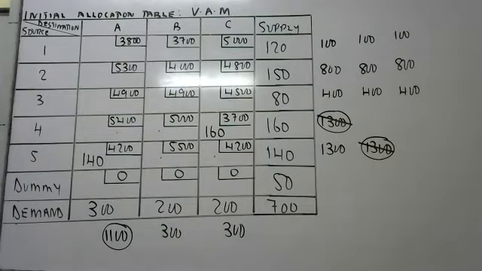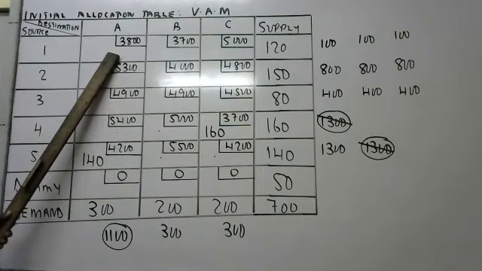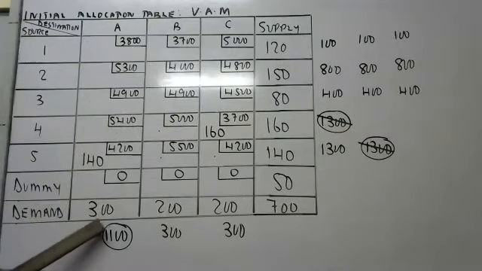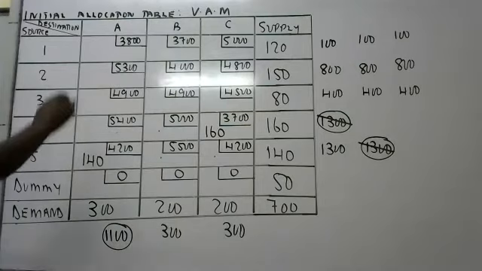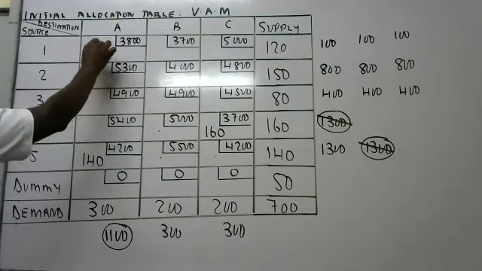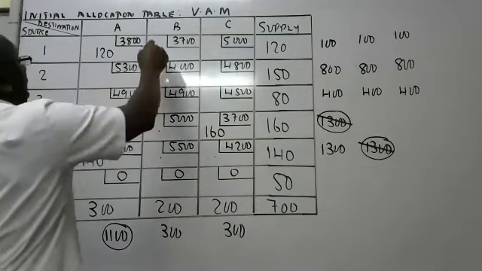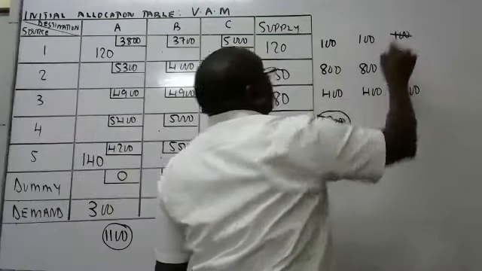Now that 1,100 is coming from which set? 38. So when we add here, the available is 120. The unsatisfied is 160. So the smaller is 120. So we can put 120 here. When we put 120, the implications are this one is blocked, this one is blocked, and you strike this one out.